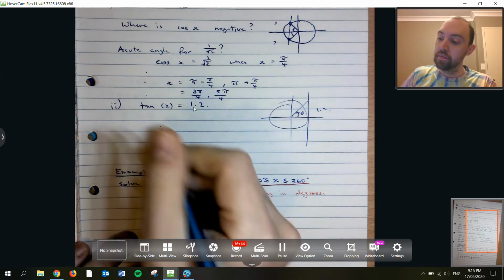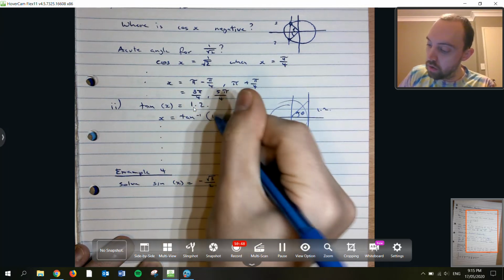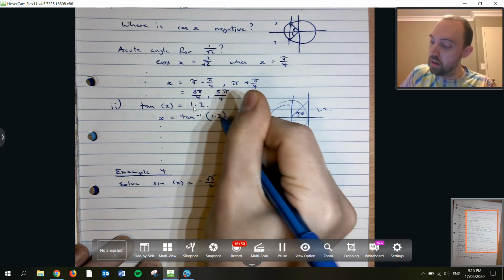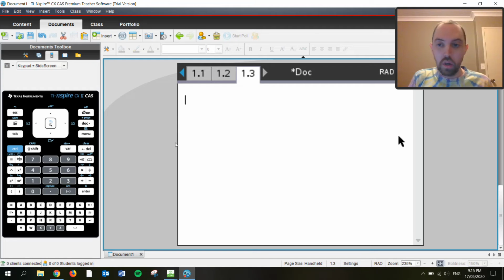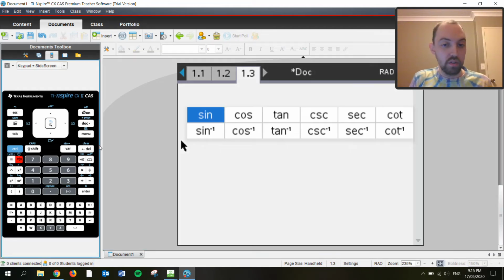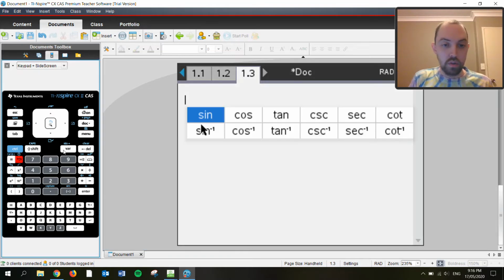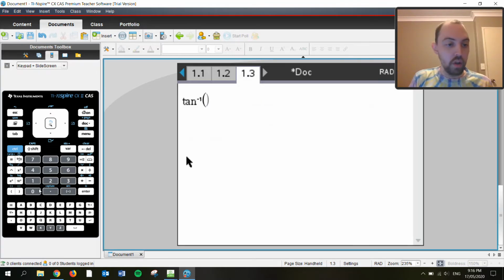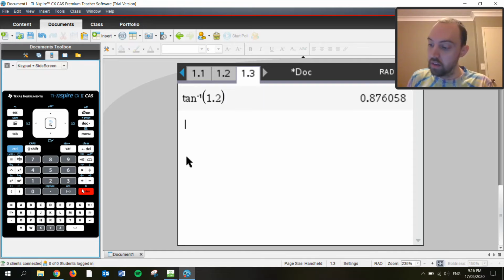If we use the inverse, tan to the -1 of 1.2, and we're still working in radians because of our domain, tan to the -1 of 1.2 gives us 0.876.